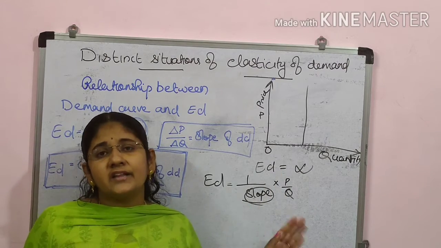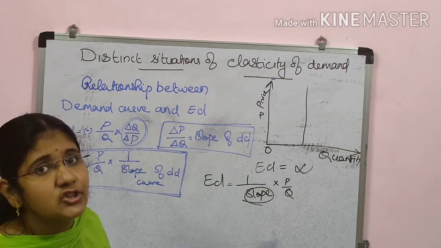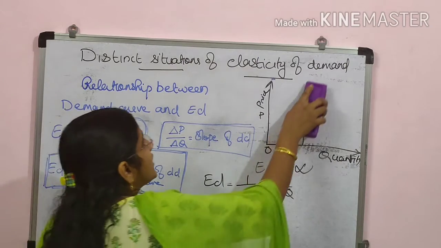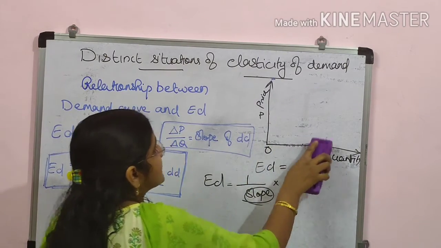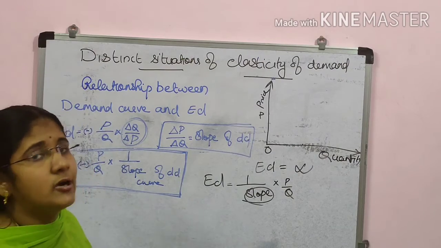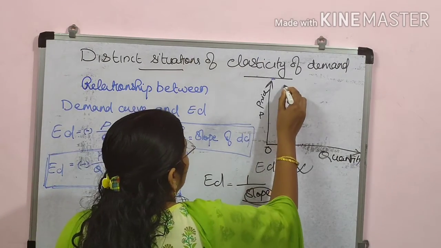Okay, this is the second distinct situation, and the third situation is where we consider the demand curve as a rectangular hyperbola.